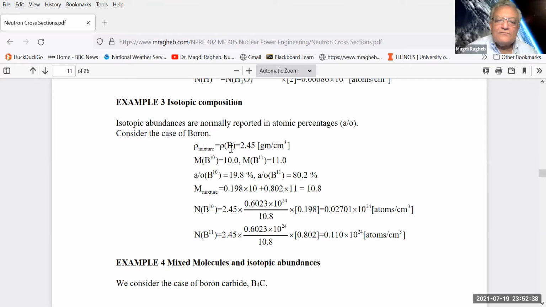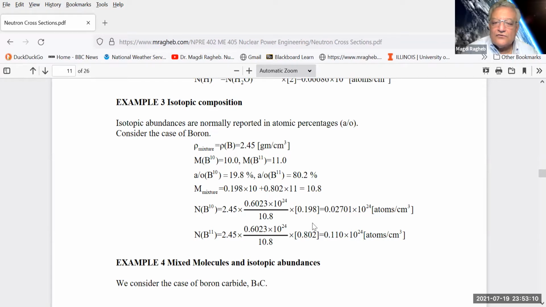So the mixture of boron, the 2 isotopes, is 2.45 grams per centimeter cubed. So all you have to do is modify the density of the isotope here, depending on its atomic density. You take 2.45 multiplied by the atomic percentage of boron 10, 0.18, and for the number density of boron 11, you multiply by 0.82, which is 82%.